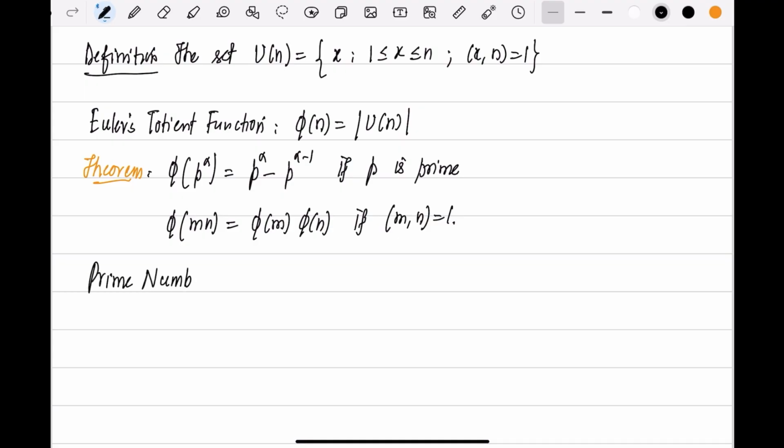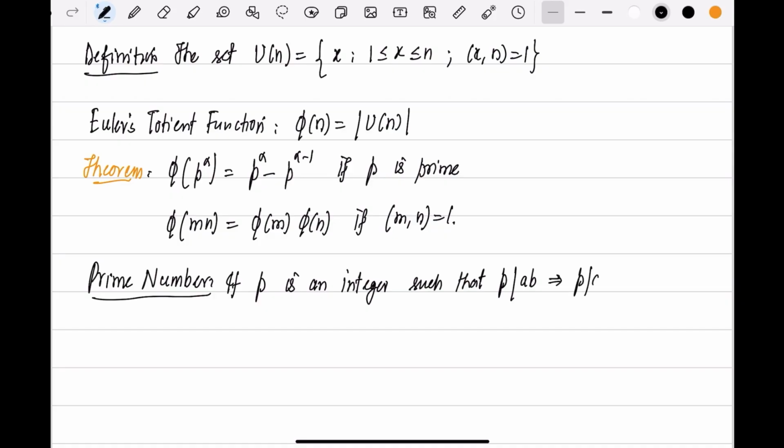Now first let us define the prime numbers. We will define the prime number in the form of a result. If p is a positive integer such that p divides ab implies p divides a or p divides b, then p is prime.